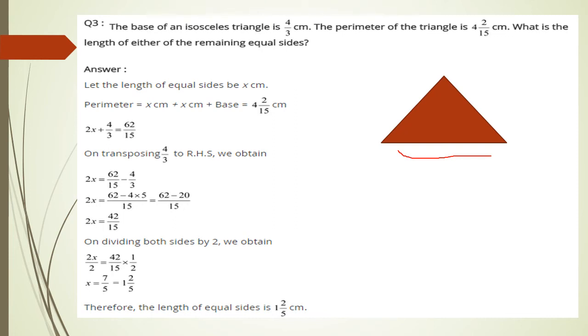Children, let the length of the equal sides be x centimeters. Here, if we consider this side and this side are the equal sides, the length of these sides must be considered as x. Then perimeter equals the sum of the three sides of the triangle, so this side is x, this side is x.